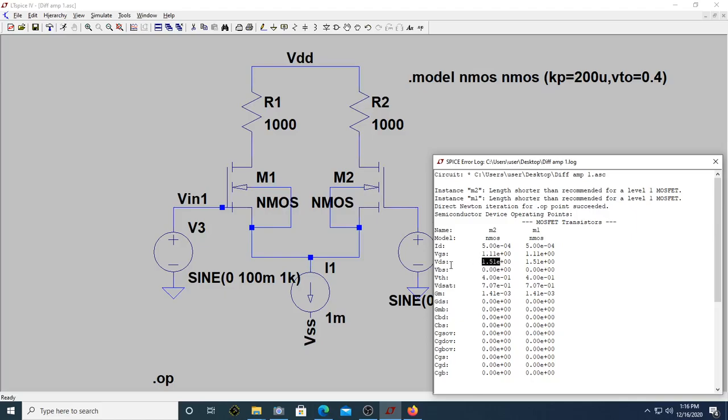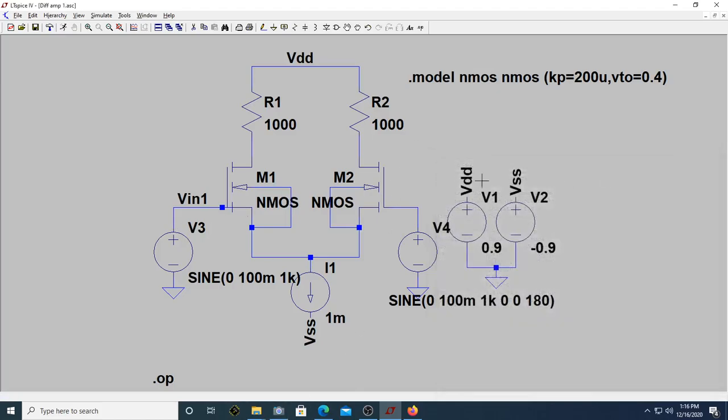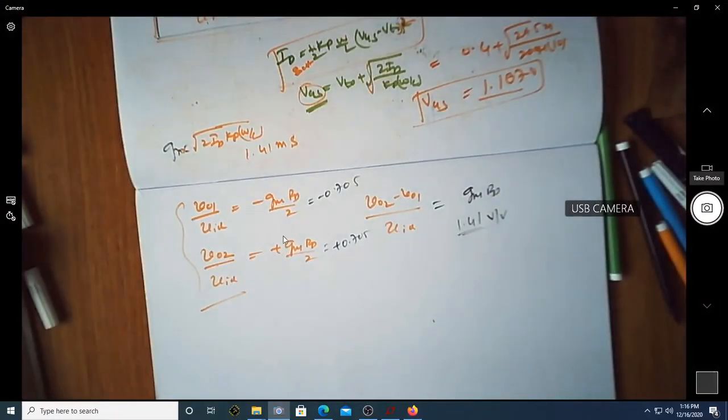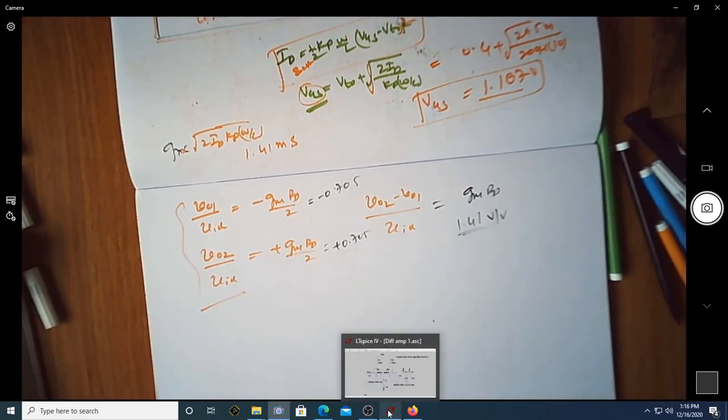Since your VDS is 1.51, both the MOSFETs are in saturation region. You may be wondering what I'm trying to do. I increased the value of RD, which was 500 ohm, and made it equal to 1K. I want to reconfirm whether the increased value of RD is making my MOSFET go to linear region or not.